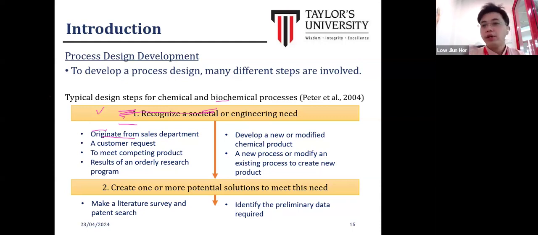But unfortunately, this new technology or new product is currently only limited in the lab only, under the research still, and now you want to try to commercialize this kind of technology or product, then of course you need to try to increase the scale of the technology, to further expand it, to become a pilot plant or chemical plant. Then this is also considered as a recognized need. Then you are going to design a chemical plant also.